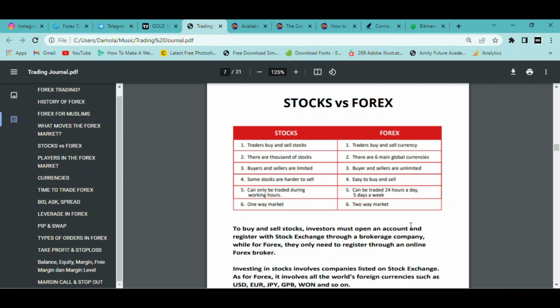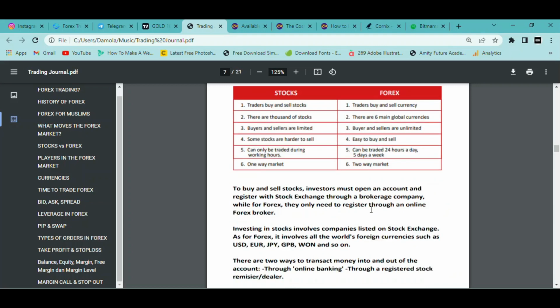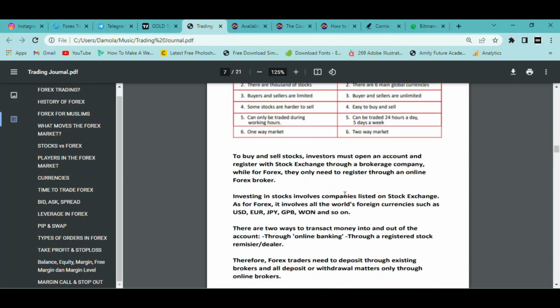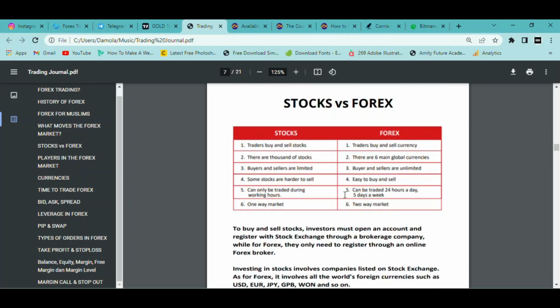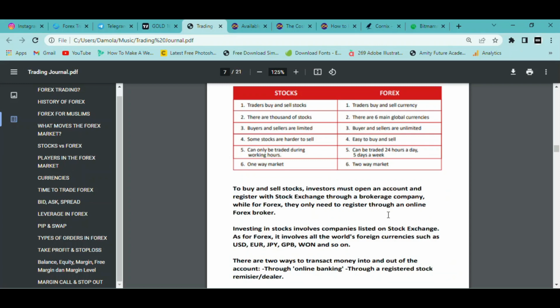In stocks there are thousands of stocks, but in currencies there are 6 main global currencies. We're going to talk about that later on. Stock is a one-way market, while Forex is a two-way market. All right, so that's that about that.